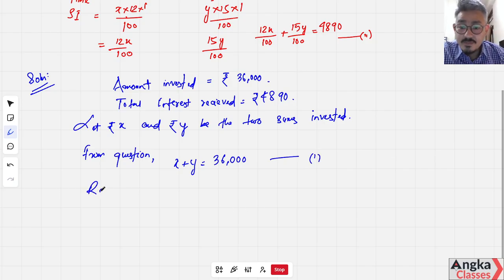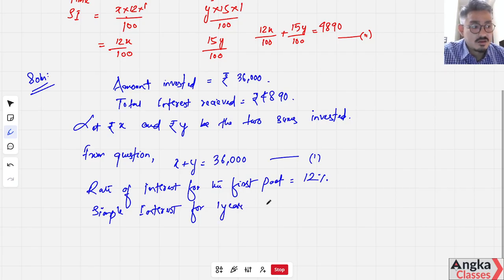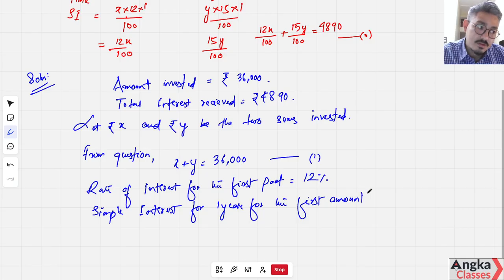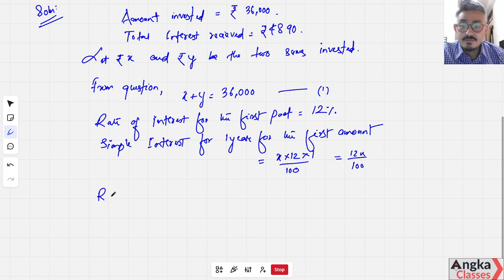Now, the rate of interest for the first part is 12%, so the simple interest for 1 year for the first amount is x into 12 into 1 upon 100. So we have 12x by 100.